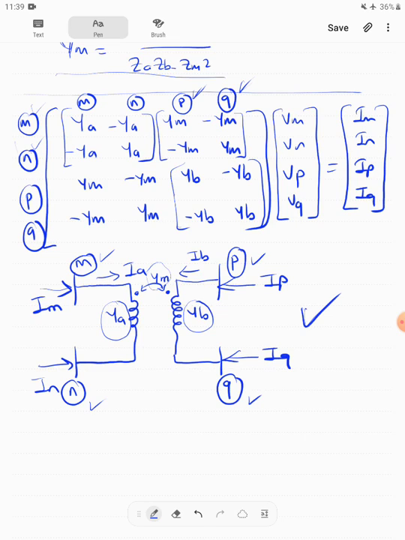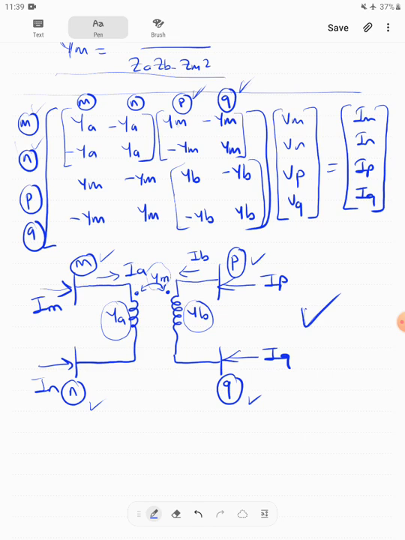YM is the mutual admittance between these two transmission lines, so it must be related with these four buses, because these four buses are the endpoints of these two transmission lines.